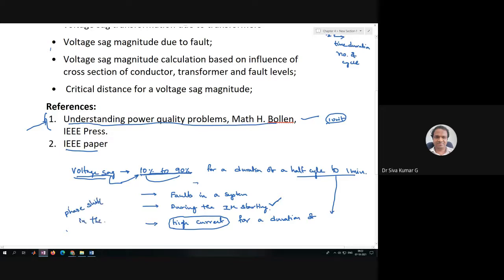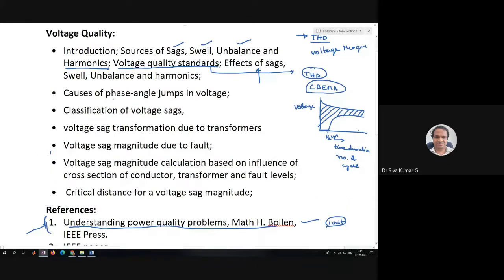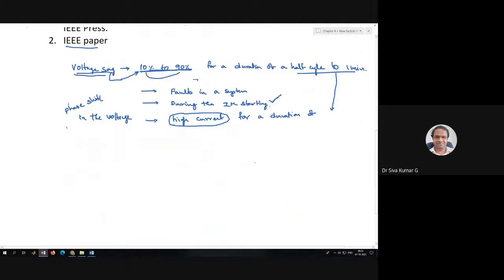They call it a phase angle jump. We have a reference voltage initially, V1, the pre-fault voltage.